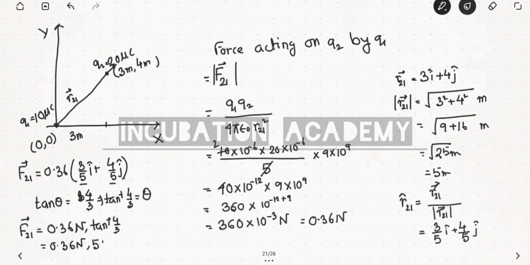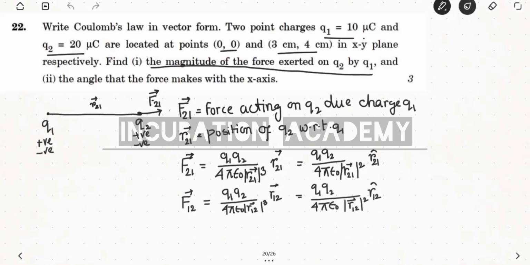Several ways you can write this answer: 53 degree angle with the x axis. This is the angle we are talking about, this is the 53 degree and this is the 4 meter. So magnitude is 0.36, angle is 53 degree, or you can write it as 3 by 5 i cap plus 4 by 5 j cap, as you wish. Thank you all of you.